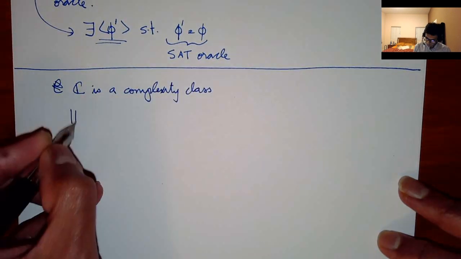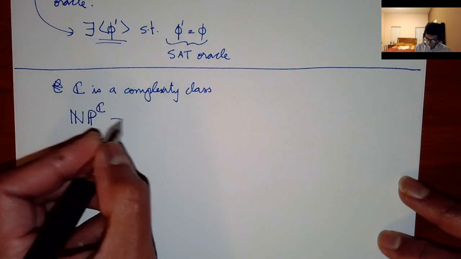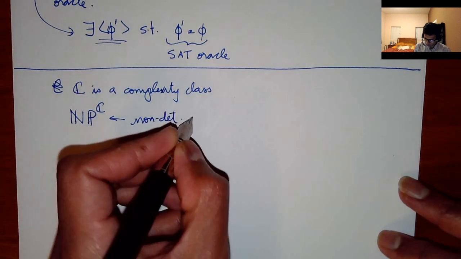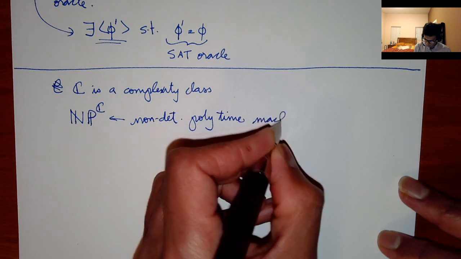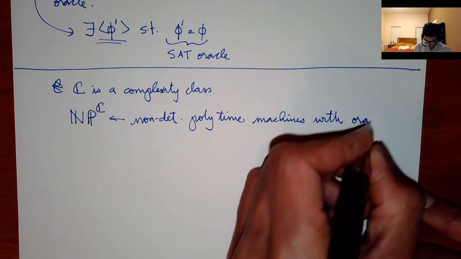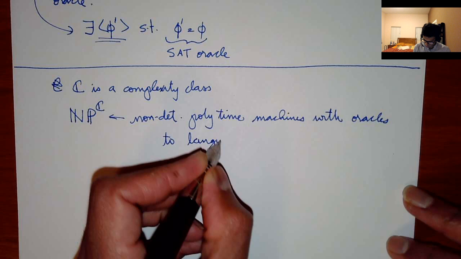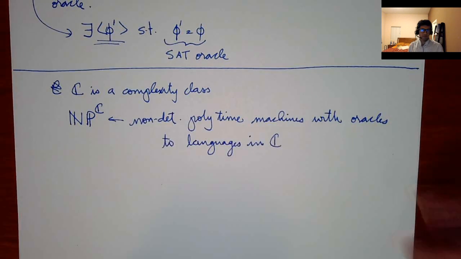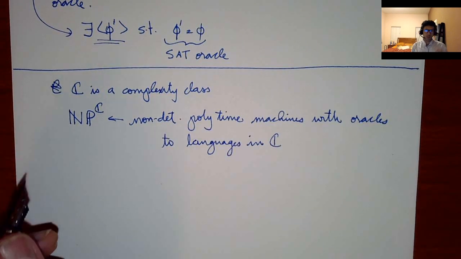Then you can define NP to the C as non-deterministic polynomial time machines with oracles to languages in C. But if you really think about it, for NP, you only need an oracle to a complete problem.